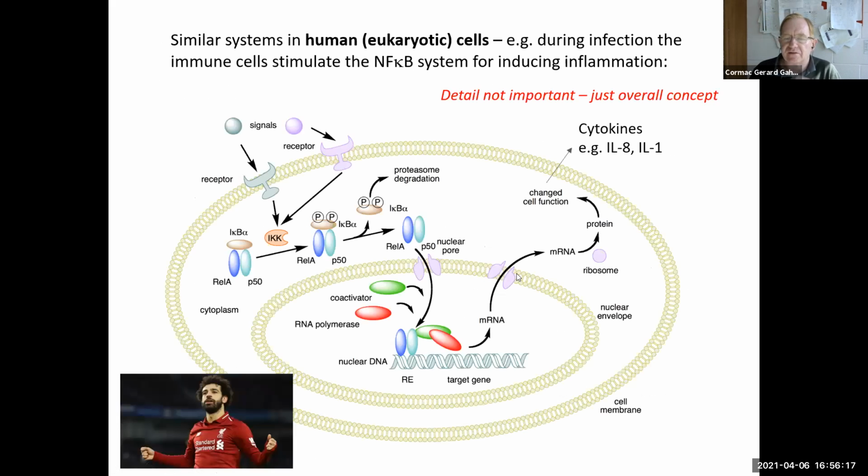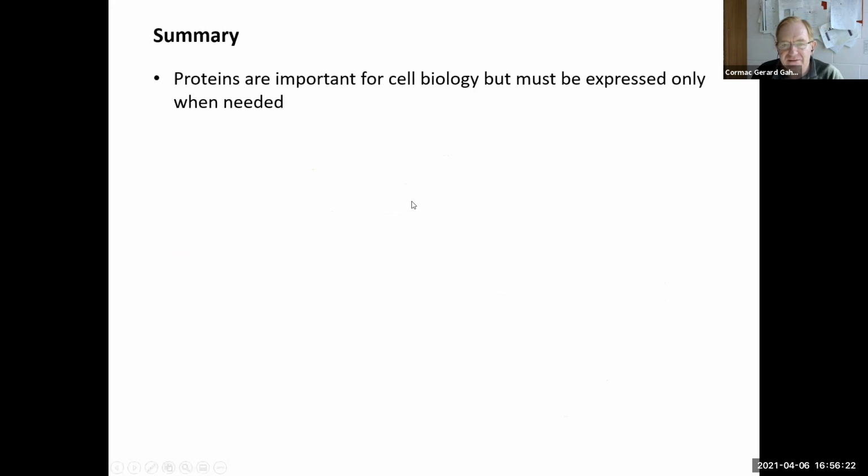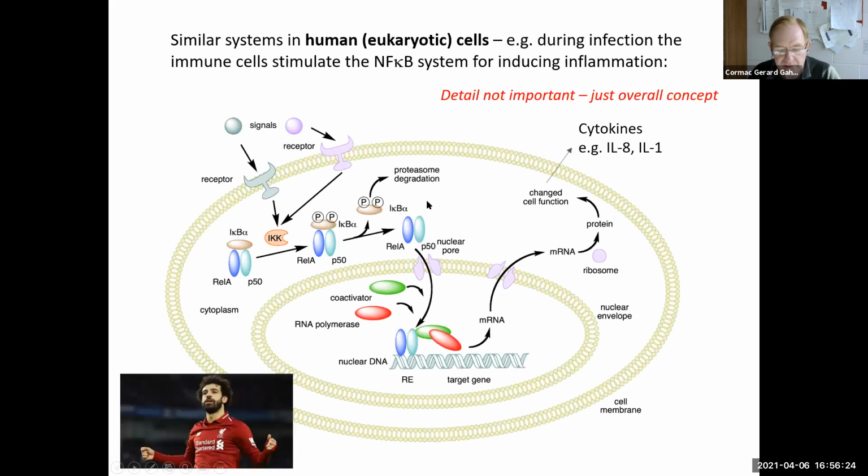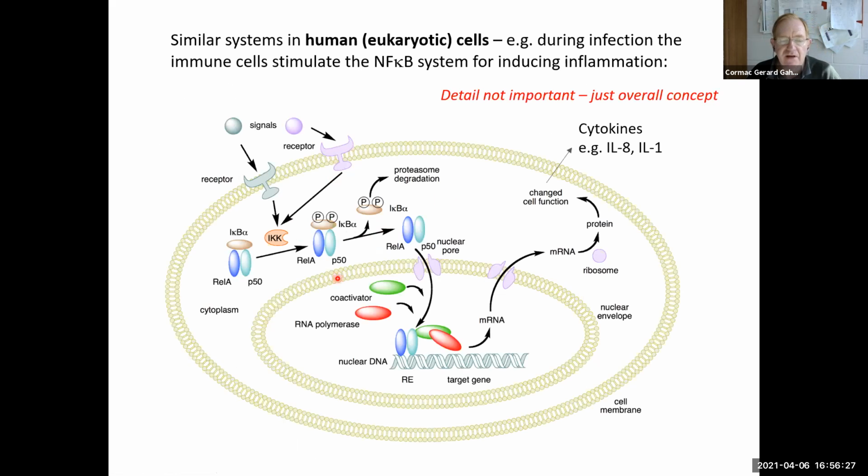Just very quickly, somebody's asked me to explain this. I want you to ignore all of this sort of information. All this slide is saying is that if you take a human cell or a mammalian cell, and this could be a T cell in the immune system, a white blood cell, it is responding also to lots of different signals. Just to get away from bacteria, back into more complicated cells like a T cell, lots of signals are hitting that T cell.